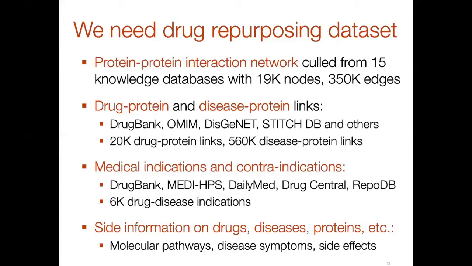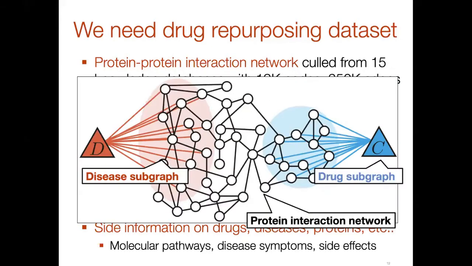So in order to be able to do that, we first spent quite a bit of time constructing a drug repurposing data set that we also shared with the community, that consists of a number of data sets from various sources of biological knowledge, including the protein interaction network, which was this underlying network represented by the white circles here, as well as many drug-disease subgraphs obtained based on drug target information, based on disease-associated proteins, and lots of side information.